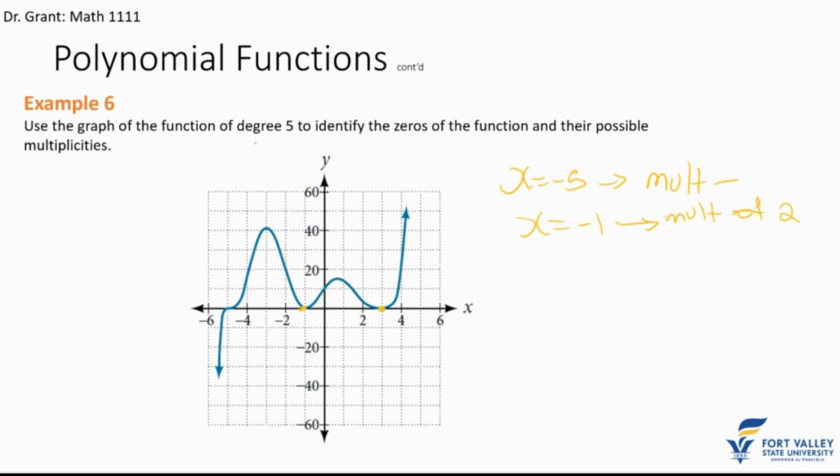And here at x equals 3, it also bounces. Now with that being said, if my degree is 5, 2 plus 2 is 4, so that means this must have a multiplicity of 1. And that's my answer.